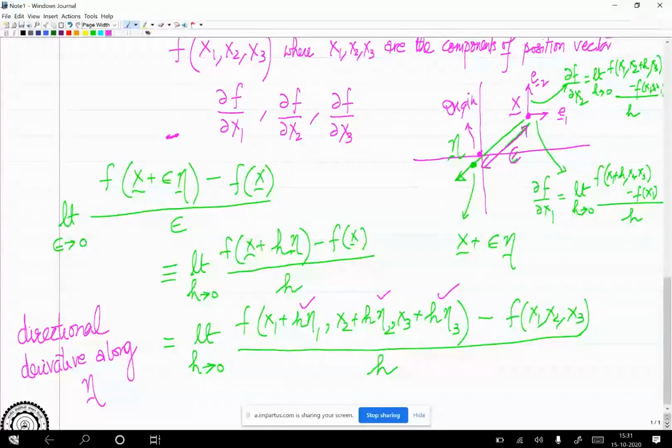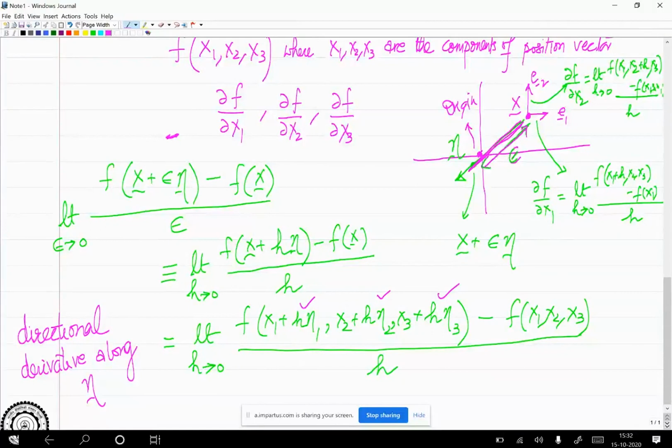H is the distance on this line itself. Are you able to understand? Please ask me if you are not following.